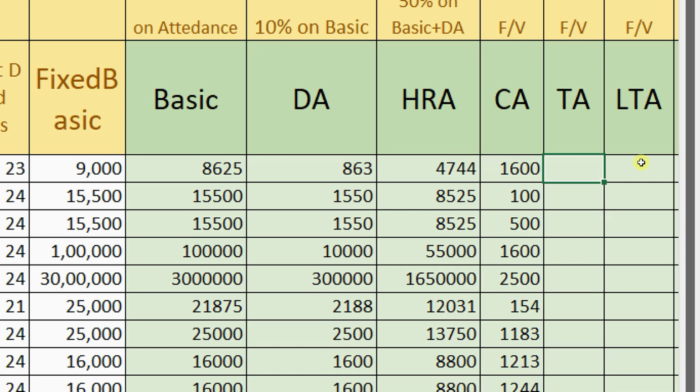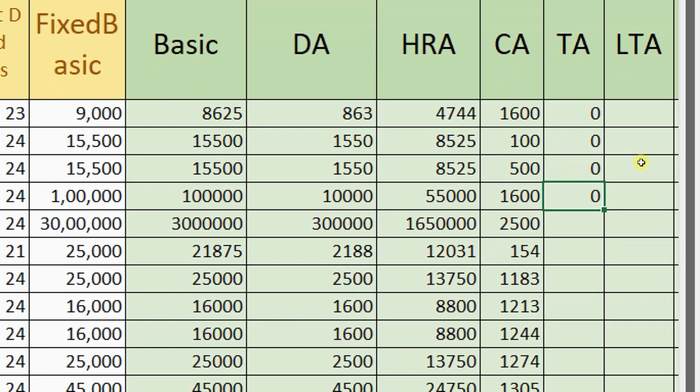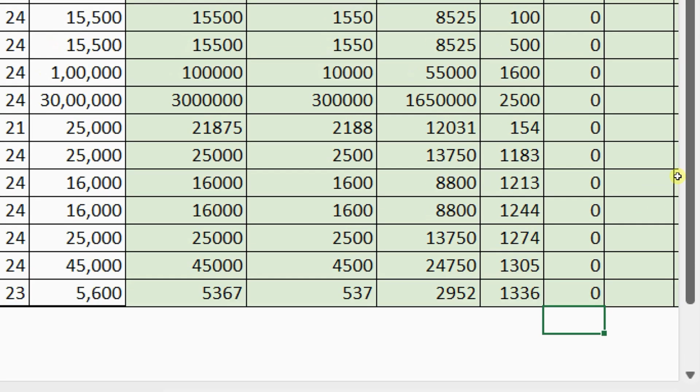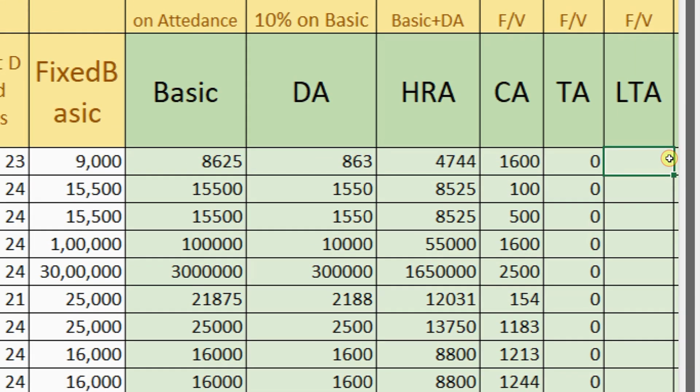Is it my personal expenditure or is it on-duty traveling? It's on-duty traveling. So that amount will be given to you in the name of travel allowance. Is it clear? So again, based on the trips you made, it may be fixed, it may be variable. Correct? Next. What next you have?